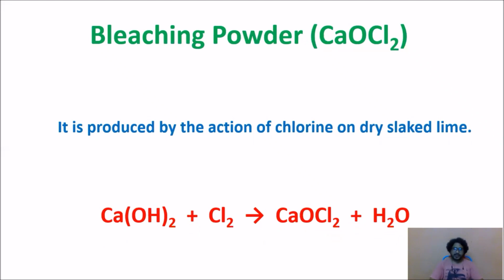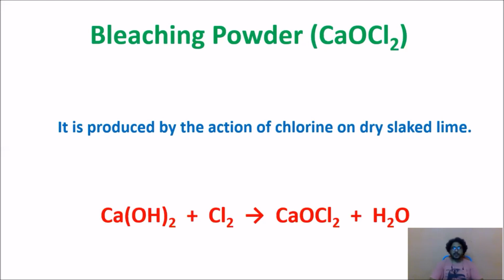There are few questions like number 1, on treatment of chlorine gas with one metal hydroxide, bleaching powder is formed. What is that metal hydroxide? Or second question, something like, when calcium hydroxide is reacting with a gas, it forms bleaching powder. What is that gas?